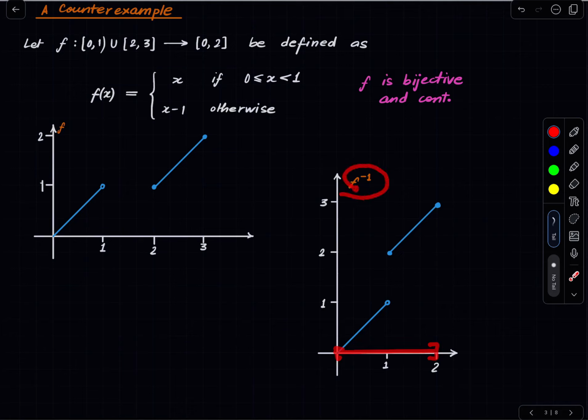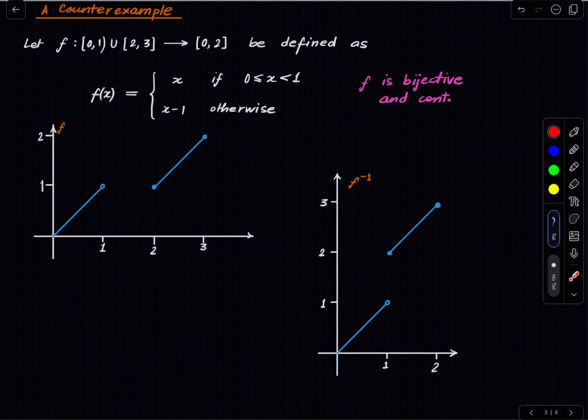But the image of this function is not an interval because it is broken. We see nothing here is available. So it is clear that the image of f inverse is not an interval. In fact, it was clear from here itself. f is a bijection. The image of the inverse is this much, which is clearly not an interval. It's a broken thing. Okay, so we have a bijective continuous function whose inverse is not continuous.